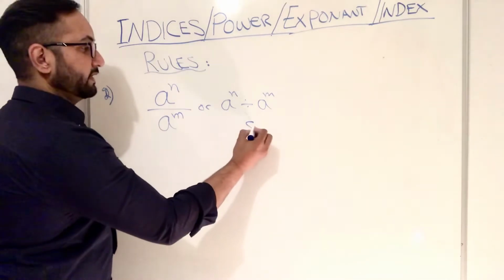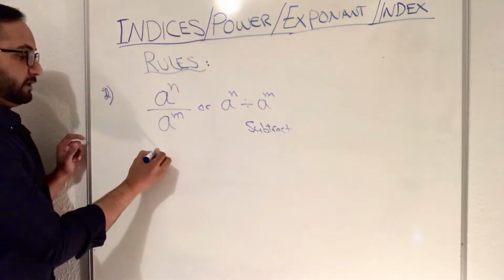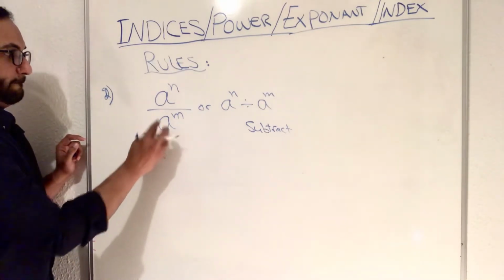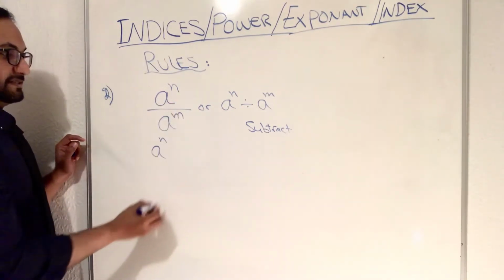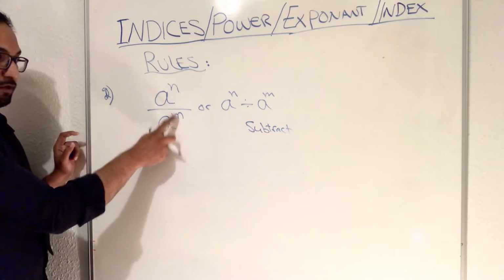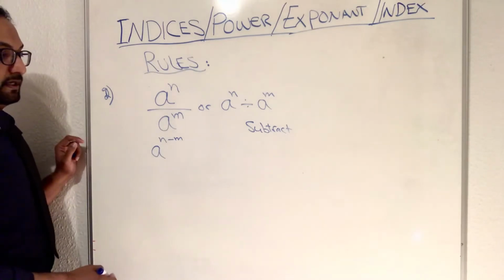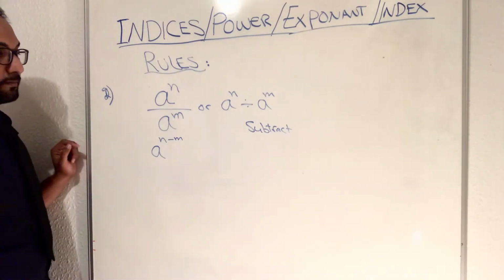We need to take away, subtract. The bottom power is subtracted from the top power. So this is its form.